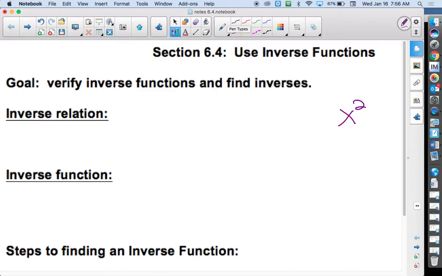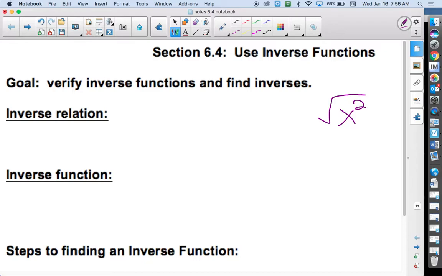What's the inverse of x squared? Julie? The square root of x. Because that's how we get rid of it. So an inverse is like undoing your operation. It's kind of like thought about the opposite operation.